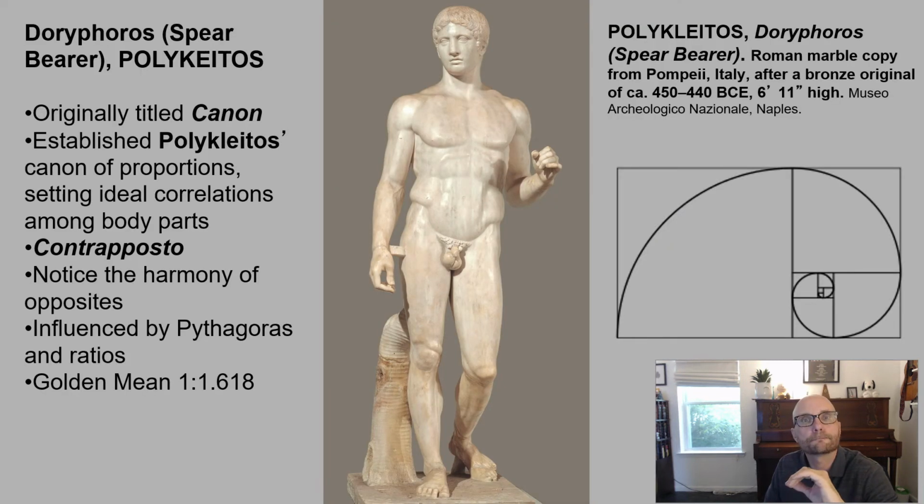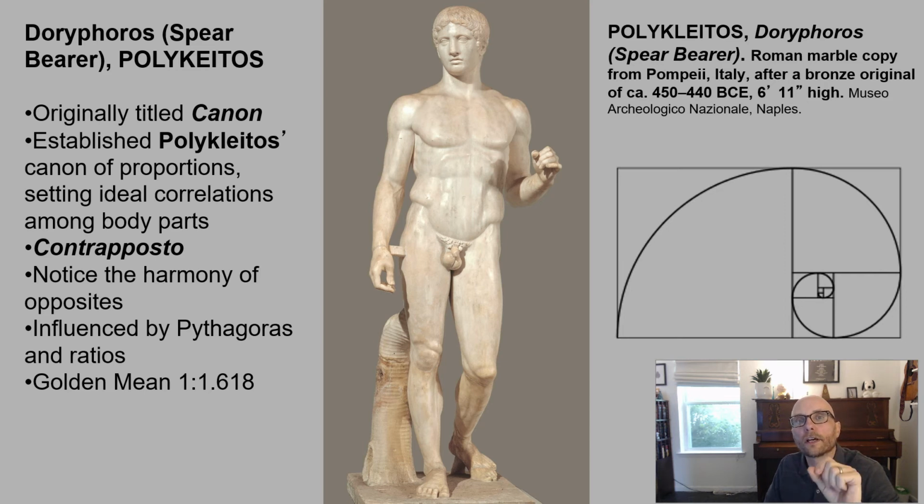Here's another Roman copy of a Greek original, and this is an incredibly important sculpture. This is as important to the high classical as the Critias boy is to the early classical.